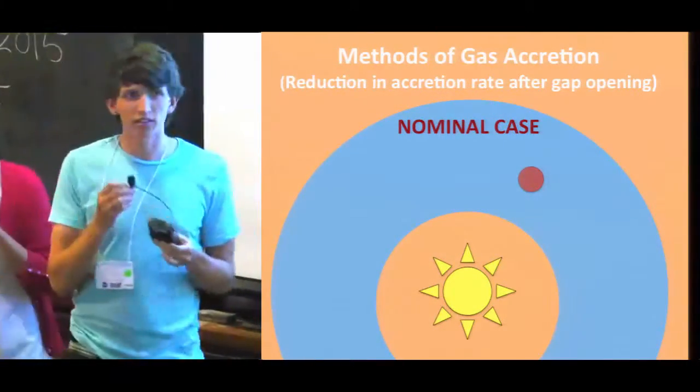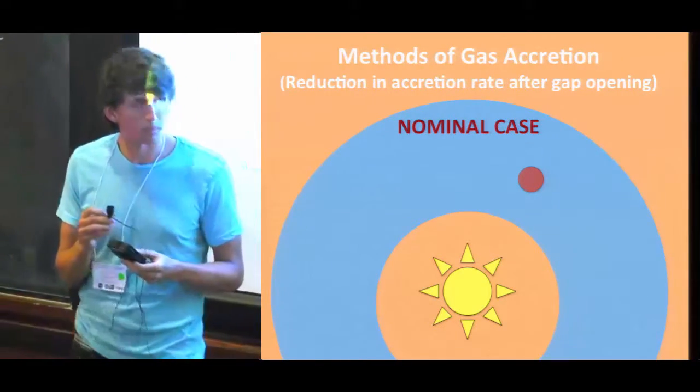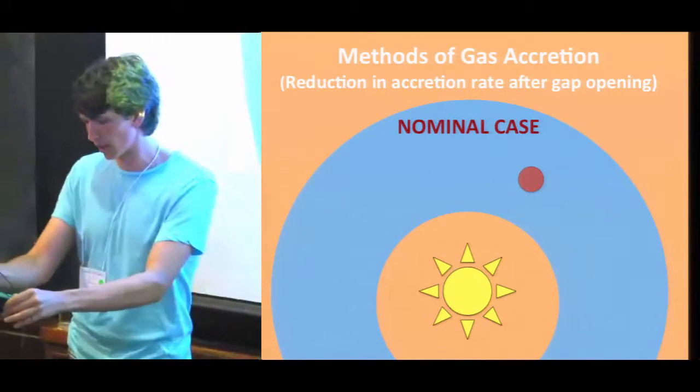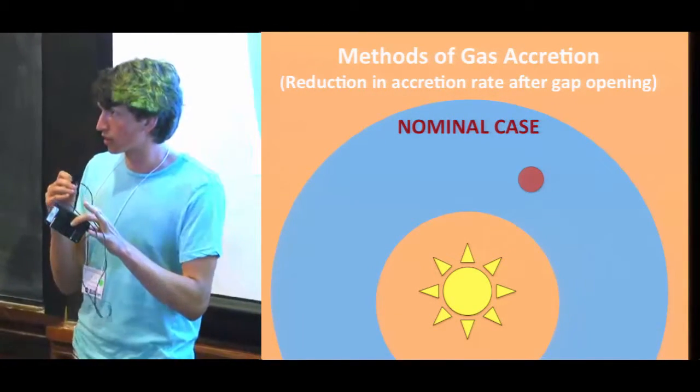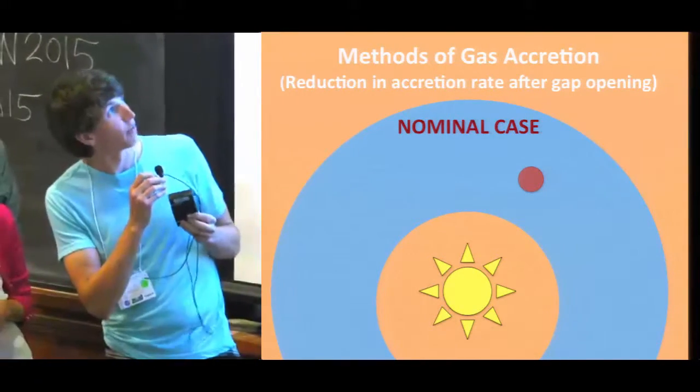So the first case is probably the most realistic case. It's based off of 1+1D of just a viscous disk which has a planet embedded in it.